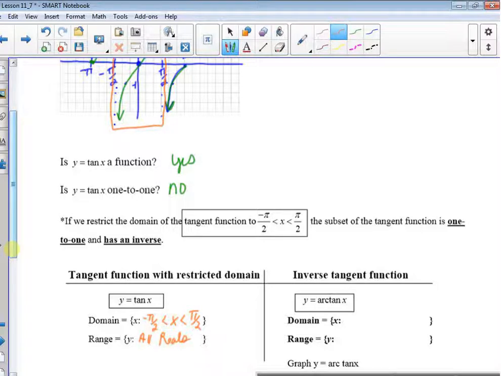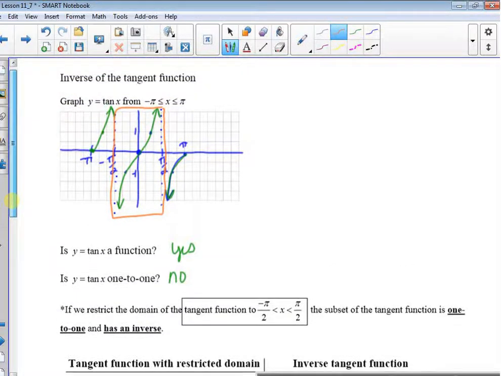Now if I want to get the domain and range for the other one, I'm going to again go to y equals tan x and y equals the inverse.